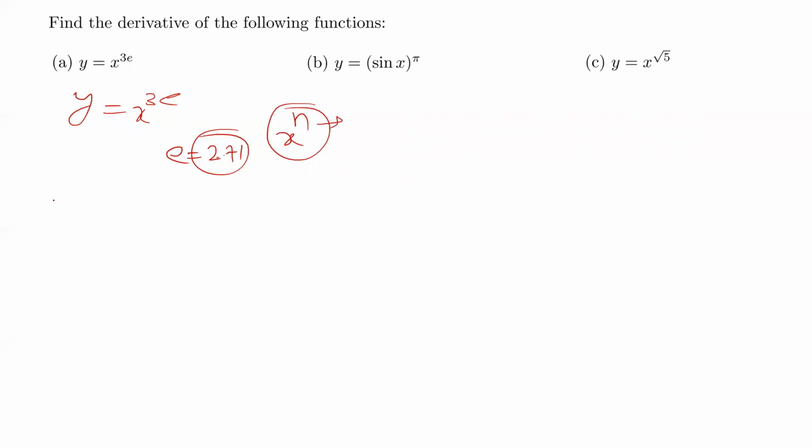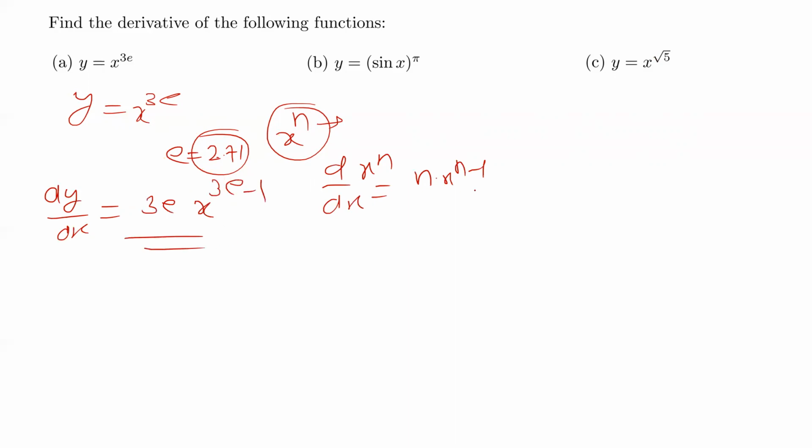Here if you take a derivative, what is the derivative of x power n? You can say that n into x power n minus 1. So here n is 3, x power 3 minus 1. This is my answer.